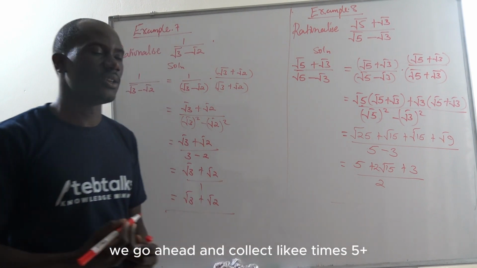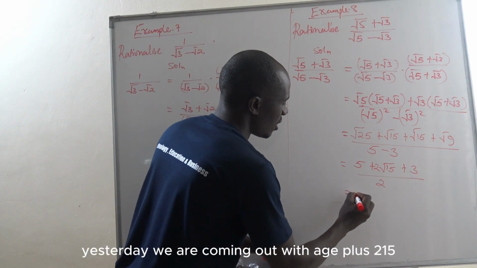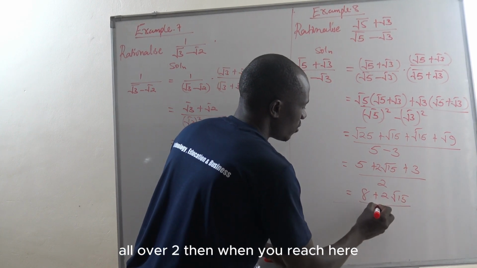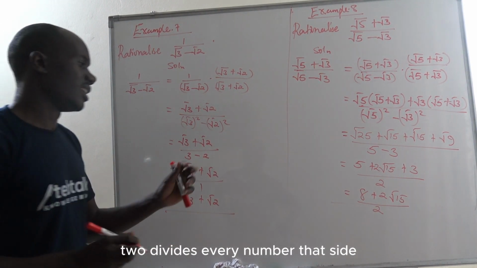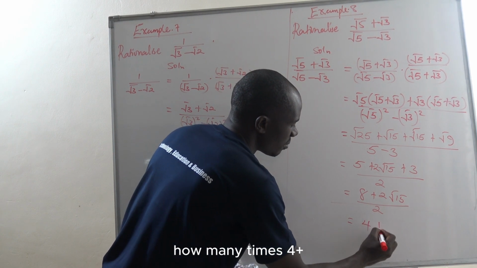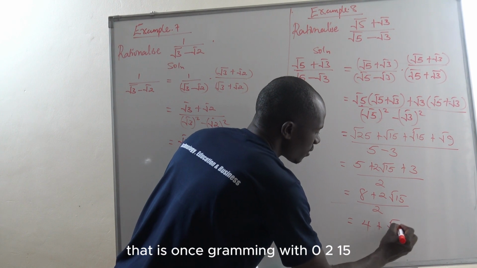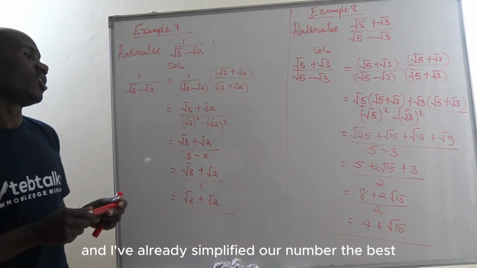We go ahead and collect like terms. 5 plus 3, we come out with 8 plus 2 root 15 all over 2. Then when we reach here, 2 divides every number on that side. 2 goes into 8 how many times? 4. Plus 2 goes into 2000 once, we remain with root 15. And we have already simplified our number to the best.